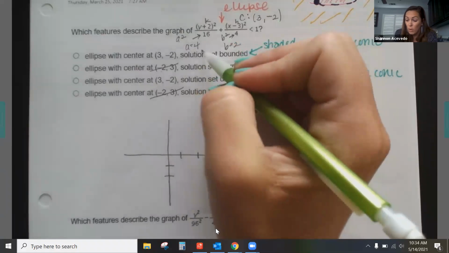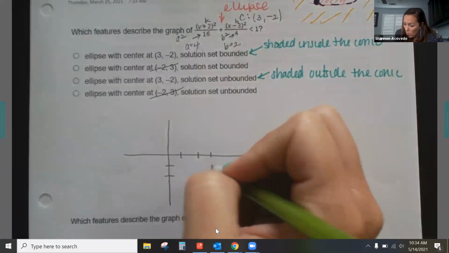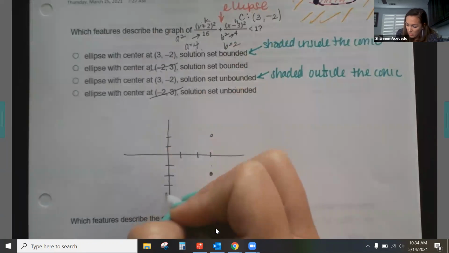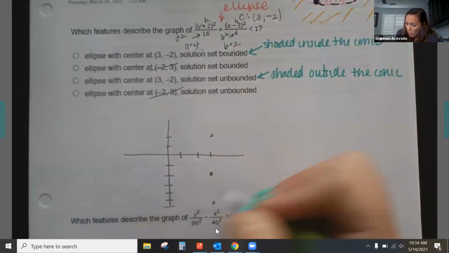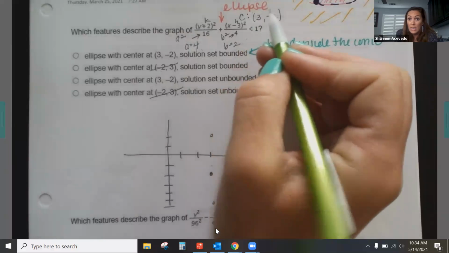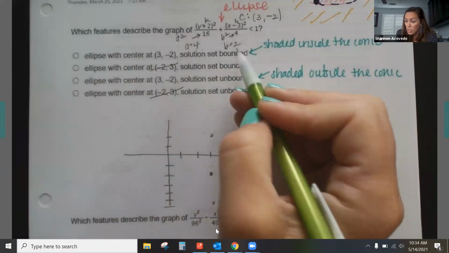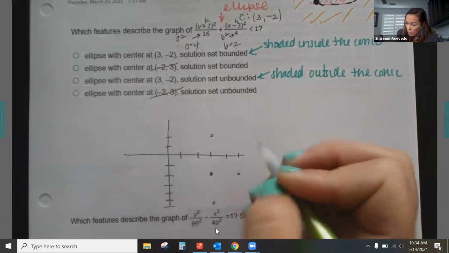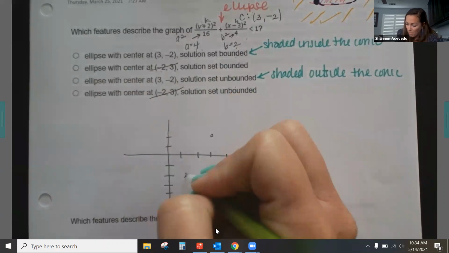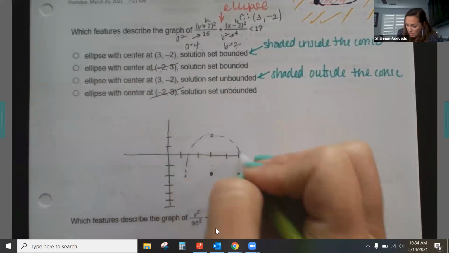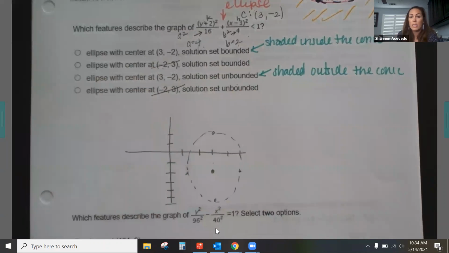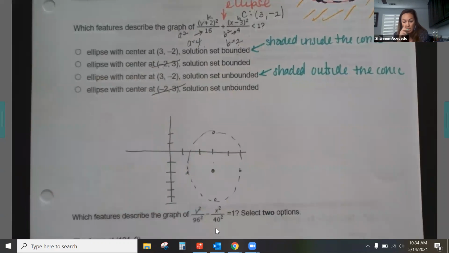Since my 4 is under my y, I'm going to go up 4 and down 4. I'm going to go along the x-axis direction, left and right, 2, because my b value is 2. So I go 2 to the right and 2 to the left, and I have my dashed ellipse. All right, so now I need to figure out where the shading is going to be.